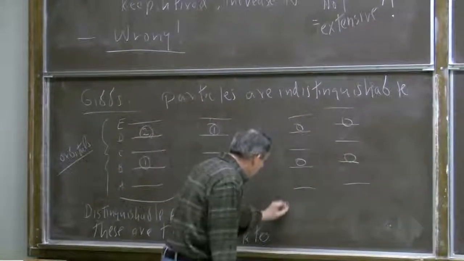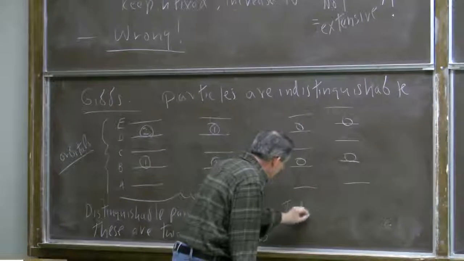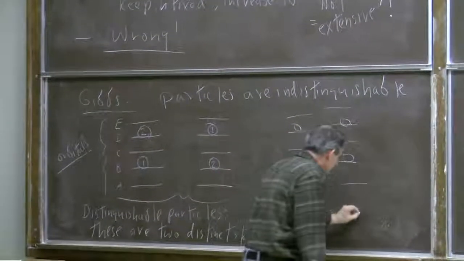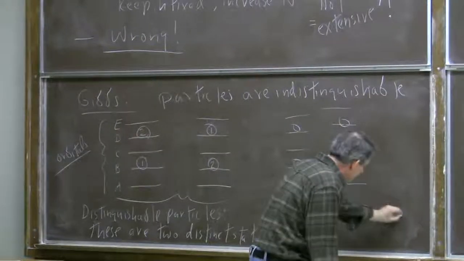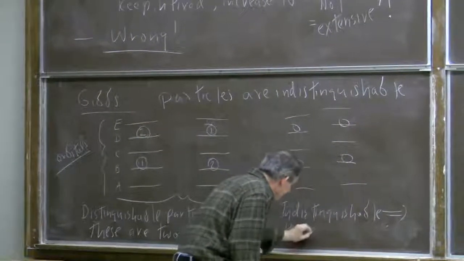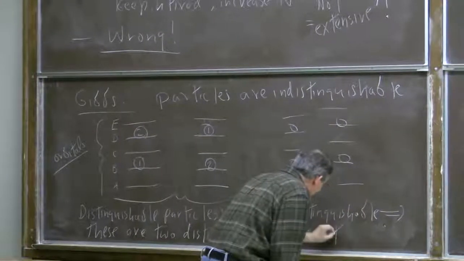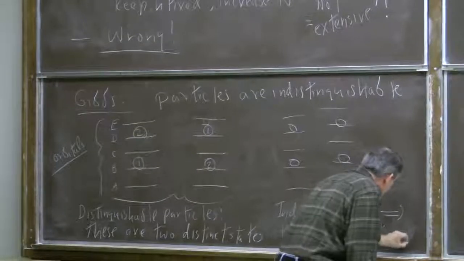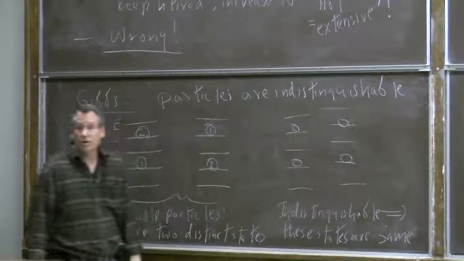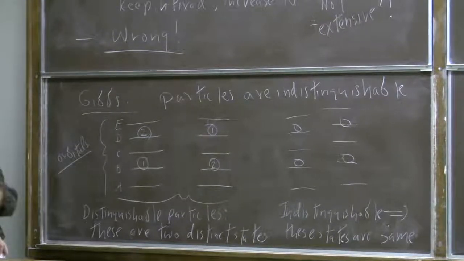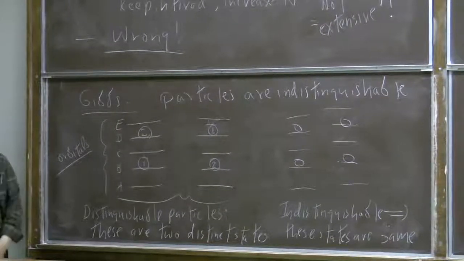So indistinguishable particles, these states are the same. Because I don't really know who's who. So we have to rethink the counting. And actually, we're going to come back. We'll be revisiting this several times to get the counting right.